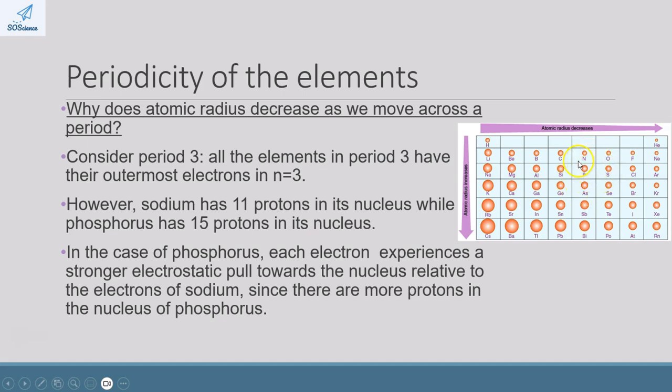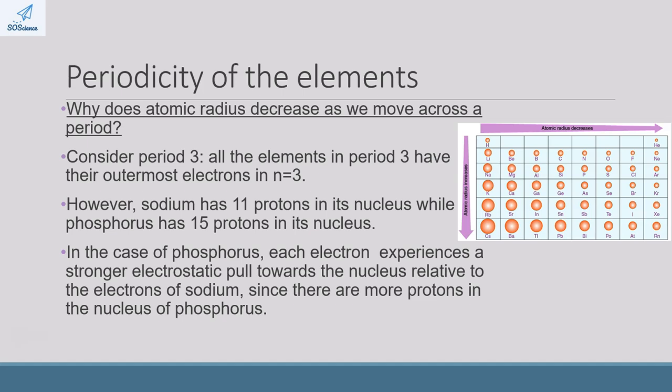Well, it's got a nucleus that's got 15 protons. That's got a stronger pull, so that each electron that surrounds the phosphorus atom experiences a stronger electrostatic pull towards the nucleus. In the case of sodium, each electron in the sodium atom experiences a weaker pull because it's only got 11 protons.